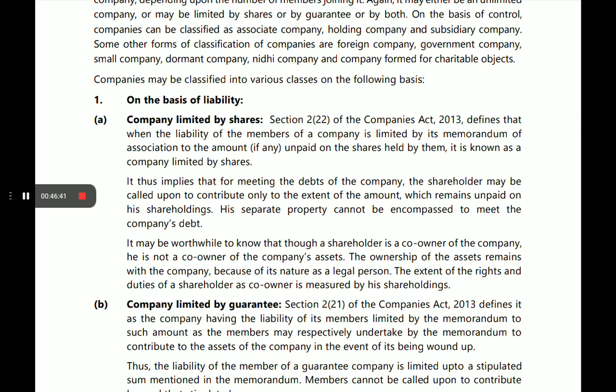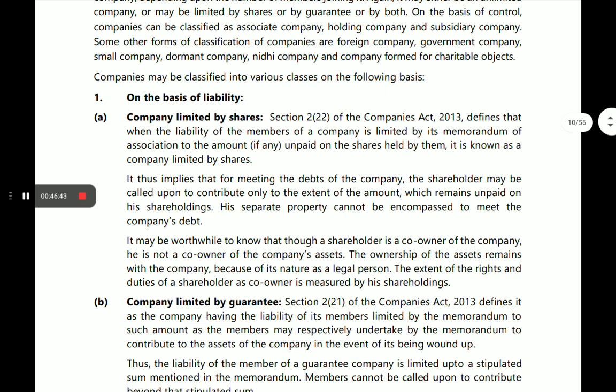It thus implies that for meeting the debts of the company, the shareholder may be called upon to contribute only to the extent of the amount which remains unpaid on his shareholdings.